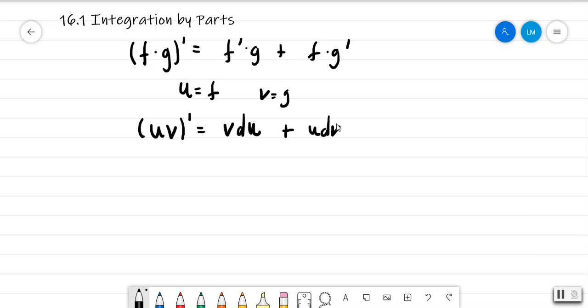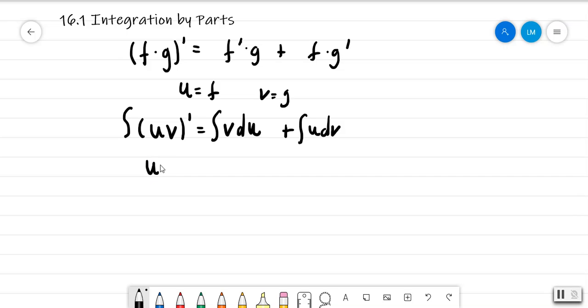Okay, so the thing about this is that we can actually potentially undo the product rule. So we do that by integrating on both sides. Now if we do that, that gives us the following.